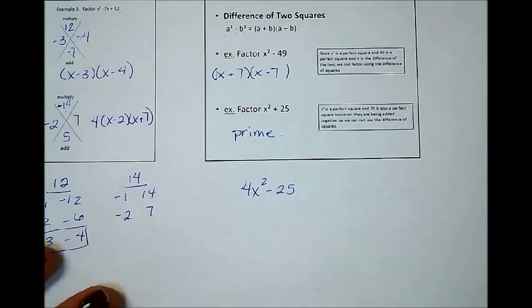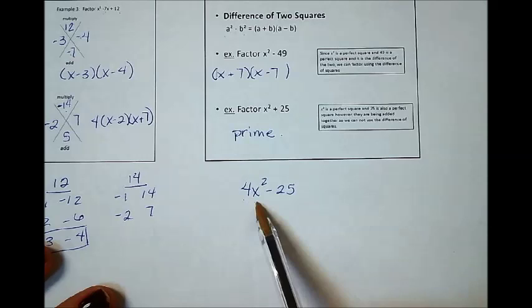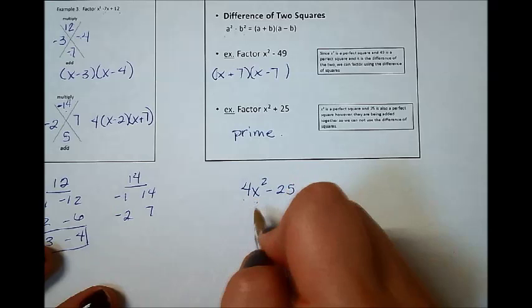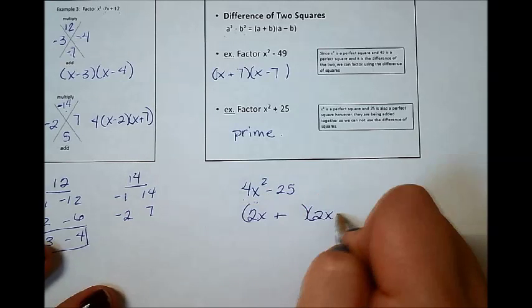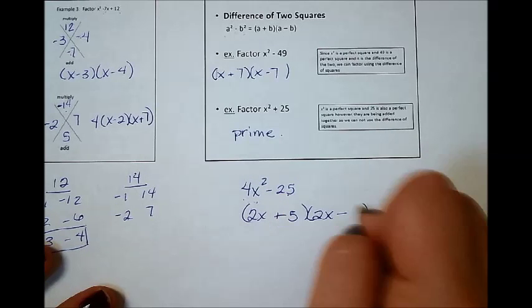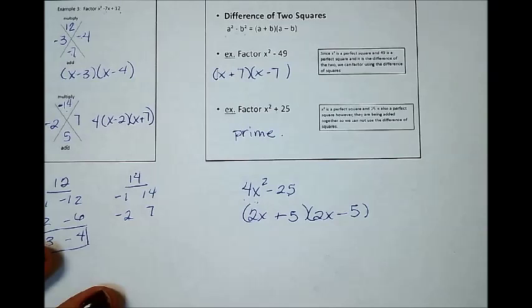In which case, don't get freaked out by this number, because you can just say square root of 4 is 2. So square root of 4x squared is 2x. So we have plus, minus, square root of 25 is 5. And that's your answer.